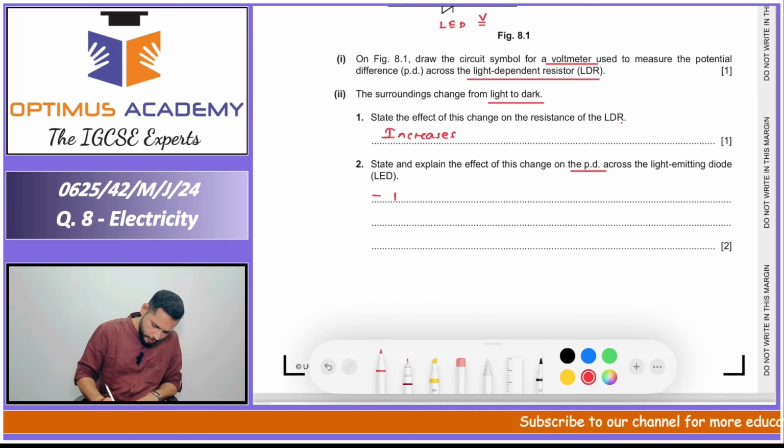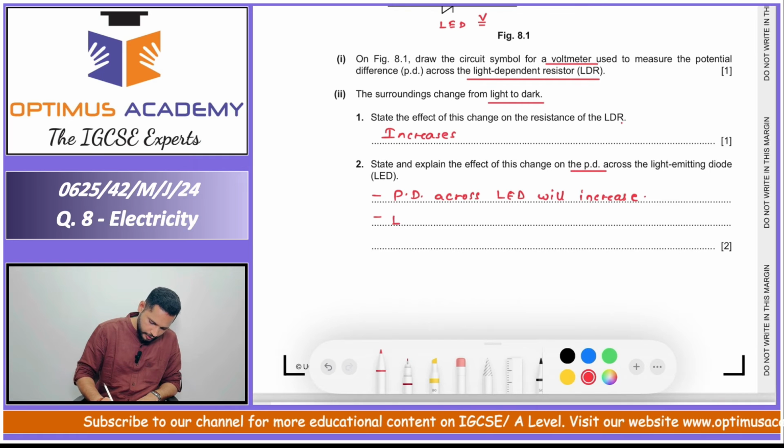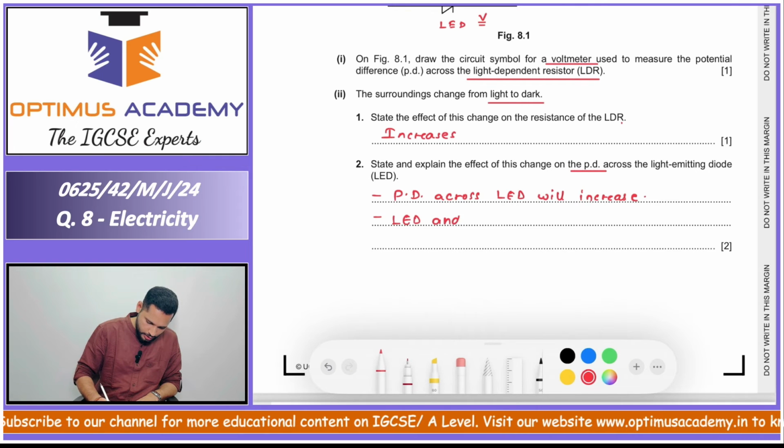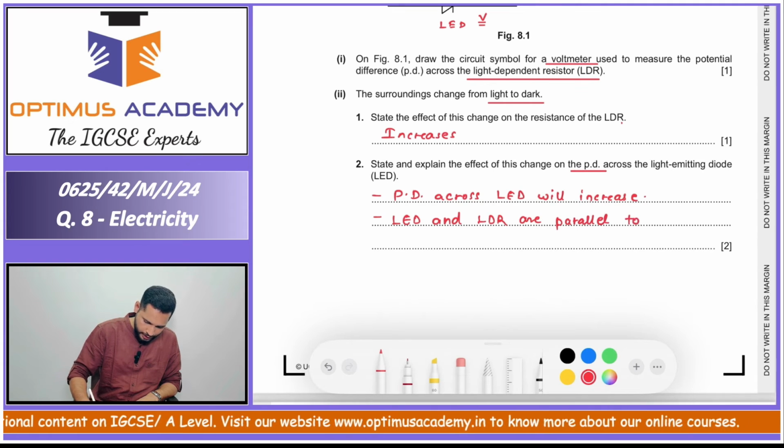So we will write: potential difference across LED will increase, and the reason for this will be LED and LDR are parallel to each other.